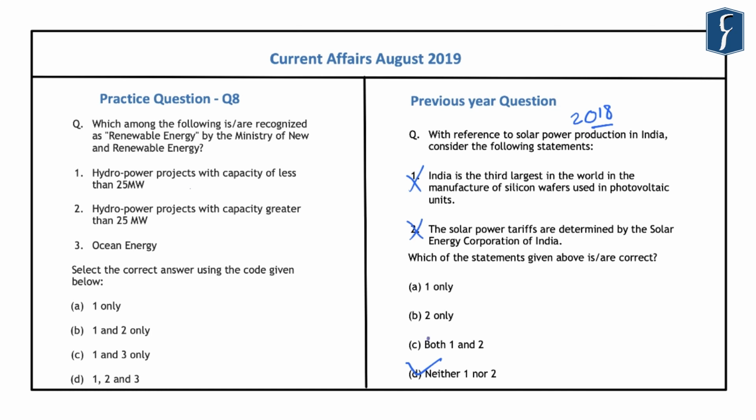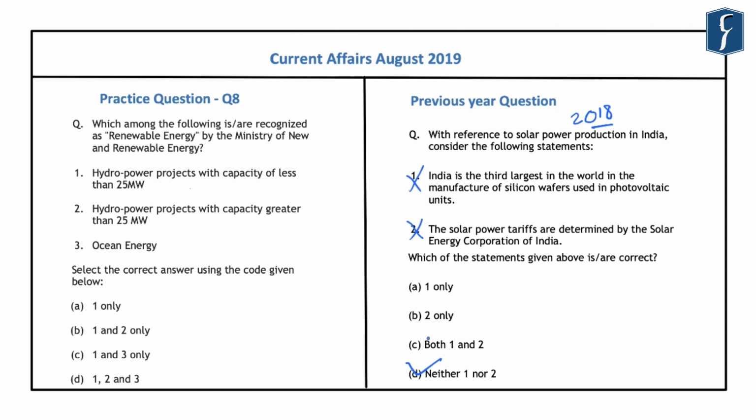So in this context, we have created this eighth question based on another important notification of the Government of India related to renewable energy. In an effort to boost the development of ocean energy, the central government has recently approved a proposal to consider ocean energy as renewable energy.